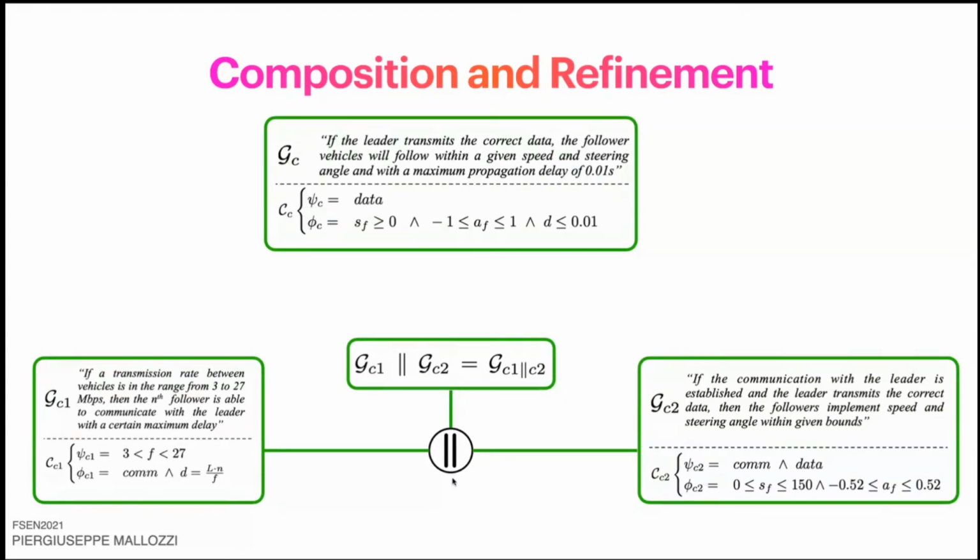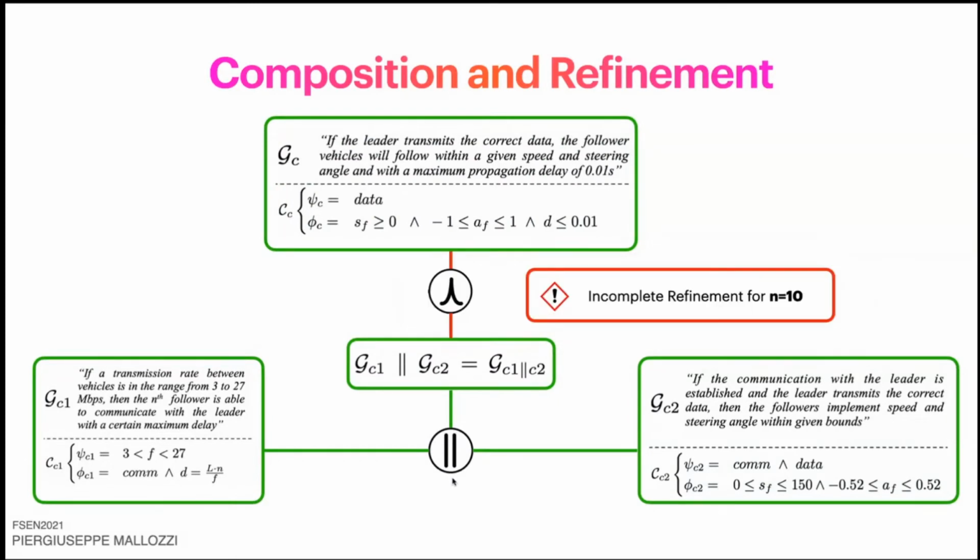Unfortunately, when we do that, Kokomo shows that we have an incomplete refinement, and it shows why: because for a platoon size greater than 10, our propagation delay is not respected. And how do we solve the refinement?